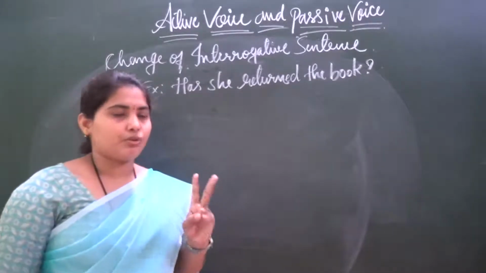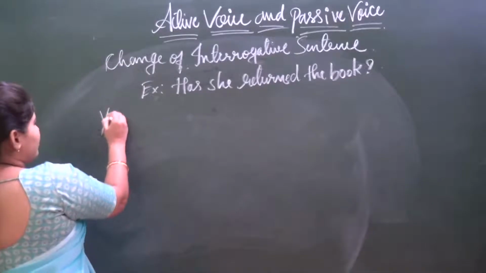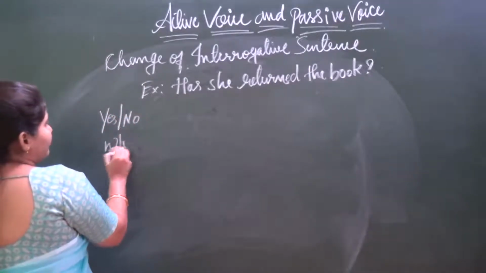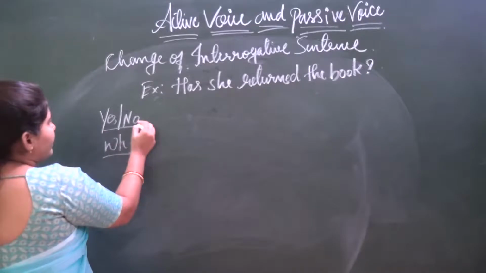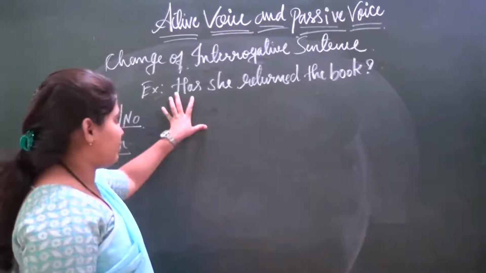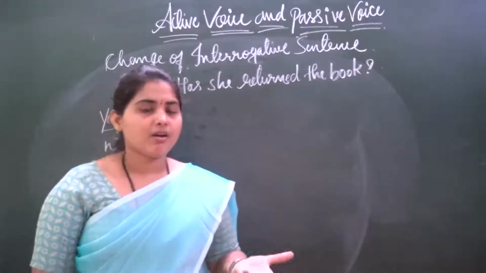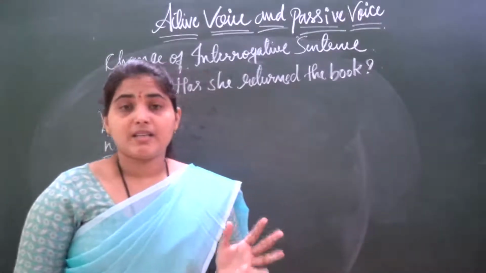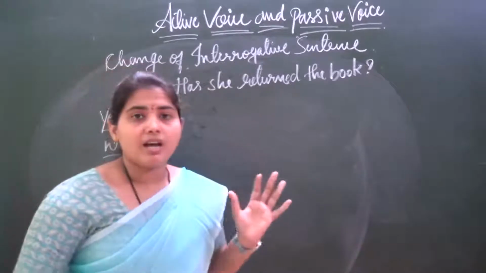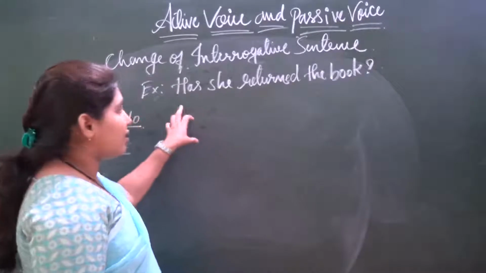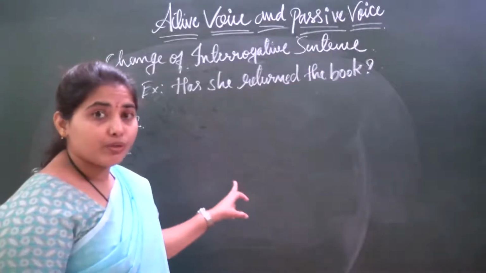In questions there are two types: yes or no questions and WH questions. So this is a yes or no question, because the answer to has she returned the book is yes or no. But you should not answer the question here. Then what should you do?